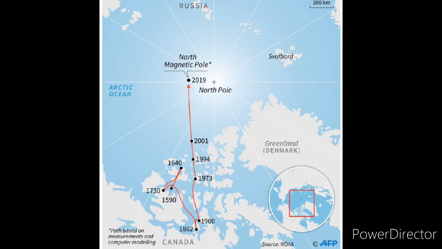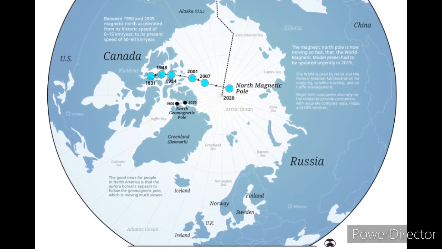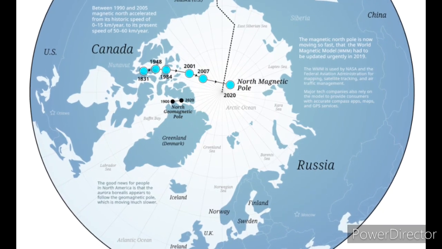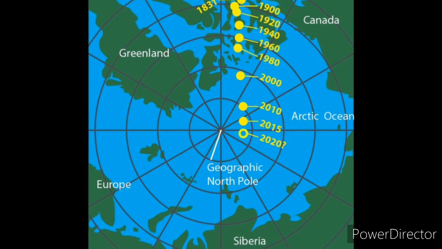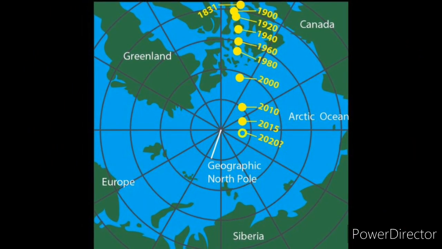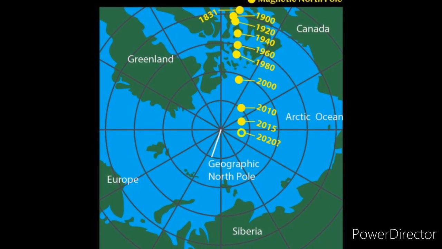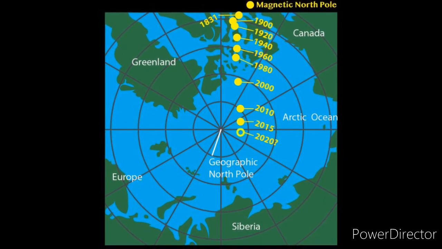This makes things even more difficult for the compass-wielding navigator. The magnetic North Pole isn't a stationary point. As the Earth's magnetic field changes, the magnetic North Pole moves. Over the last century, it has shifted more than 1,000 kilometers or 620 miles toward Siberia. This is according to scientists at Oregon State University.